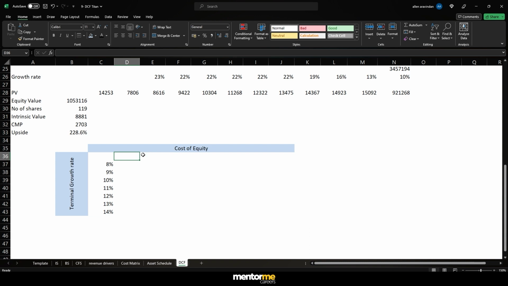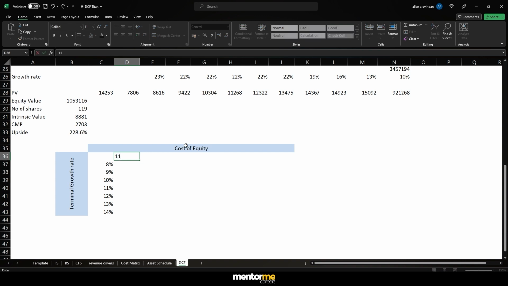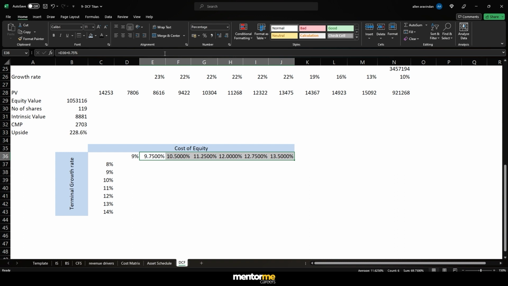And let's get the cost of equity. So cost of equity currently is at 11.8. So we can start with anywhere above 9% and increasing it by 0.75, and you're free to add any values, right?